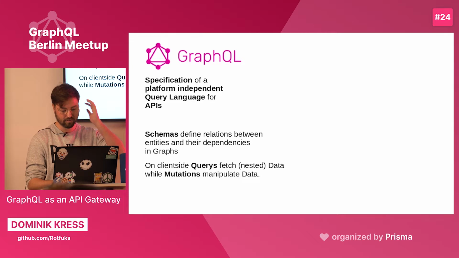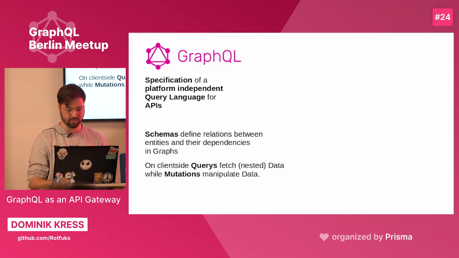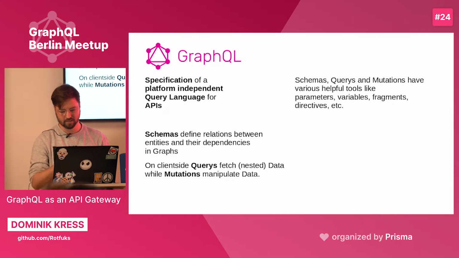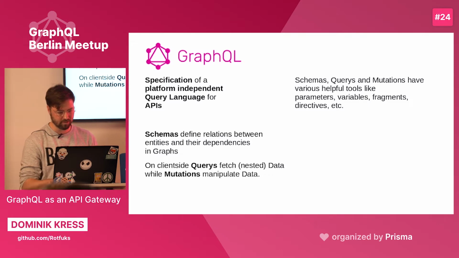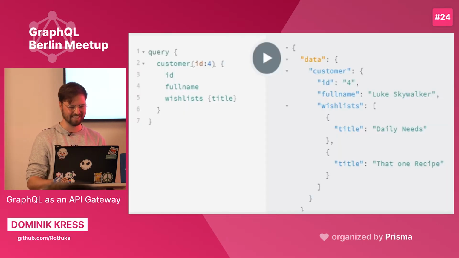You have queries, you have mutations to fetch data and to manipulate data. And then you have parameters and variables and all the fun things to really enrich your schemas and your queries. If you're interested in more basics, you can read the two great books that are on show today.